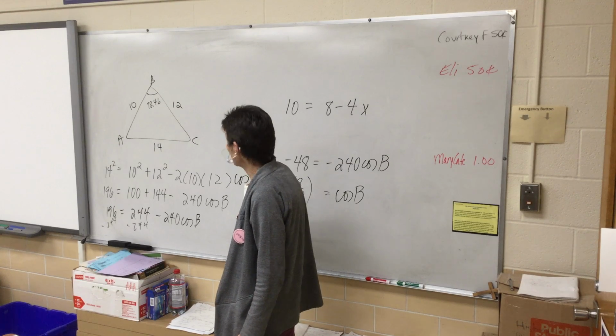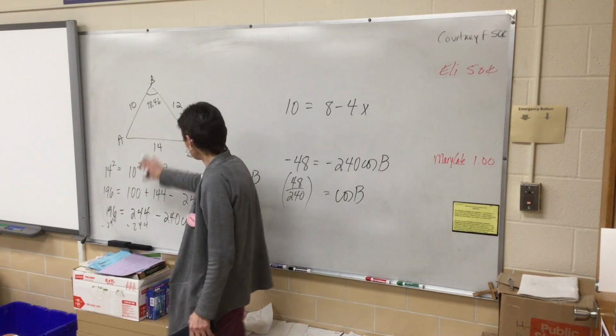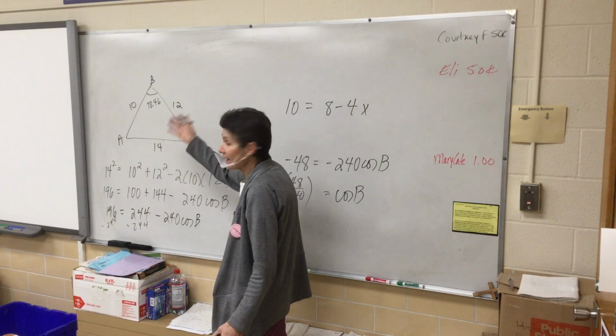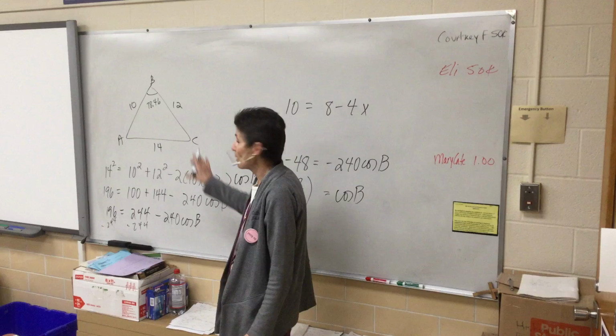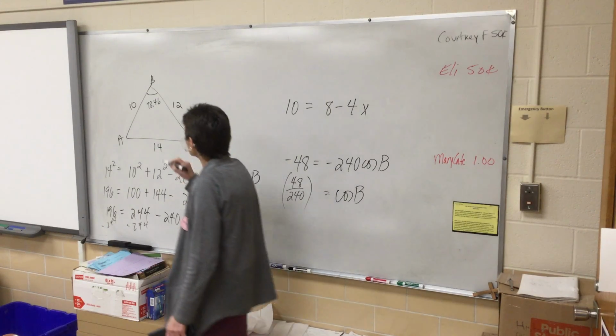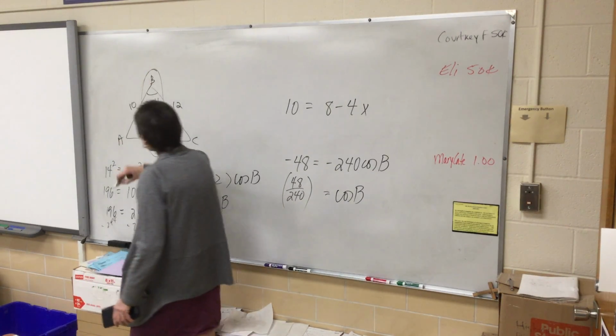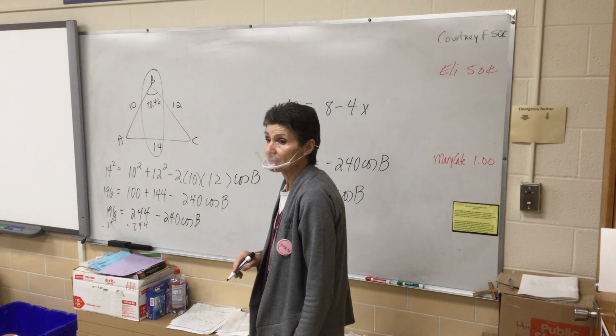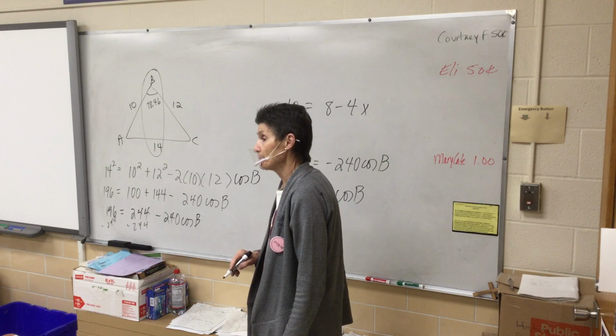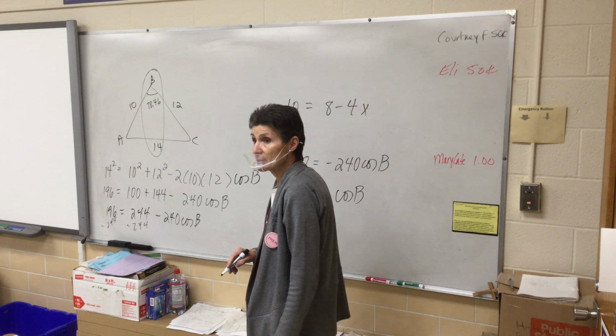Could you do this again using a different angle? Could you set up something like this for angle A? Yeah. If you like doing this, you absolutely can do that. But you can also now use the law of sines because you have a pair, if you like that better. Right?